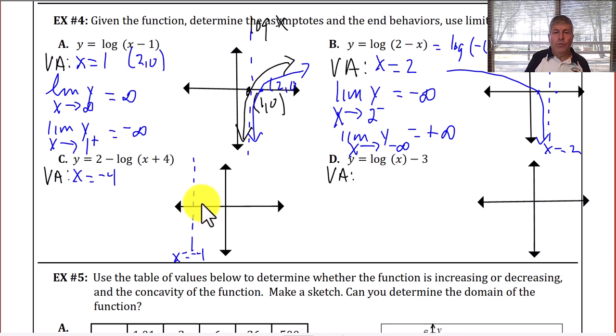But the 2 is going to shift us up 2, so that's going to be shifted up to positive 2. But then I have the opposite, it's 2 minus log, so that minus sign here is also going to be a shift on the y-axis as well. See how that looks.